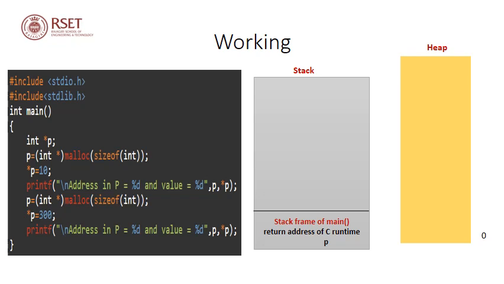It contains the return address. There are no arguments to the main function, so we need not include that. There is only a single local variable, the integer pointer p, so that is also included in the activation record.